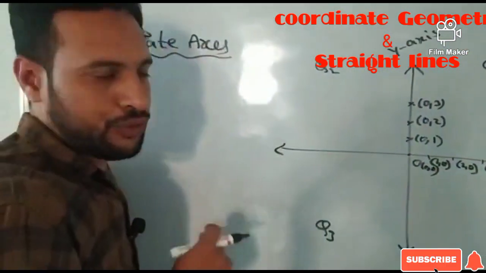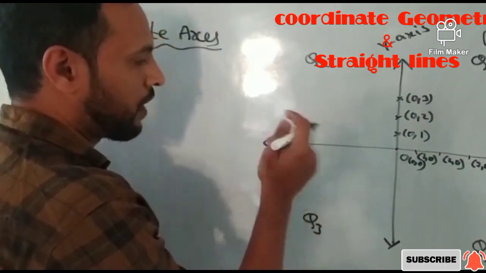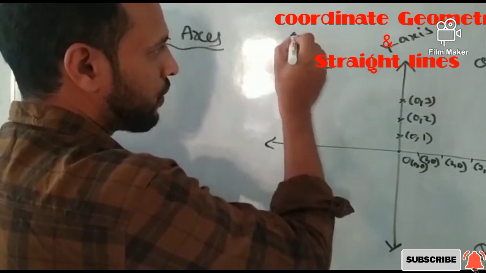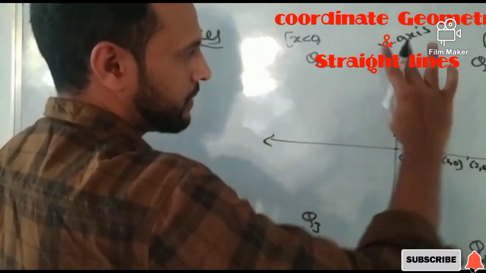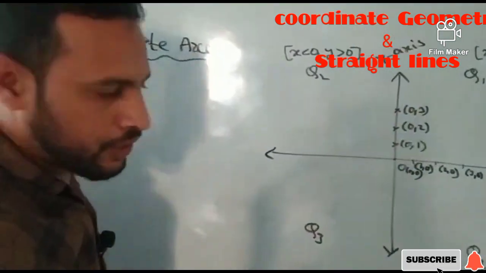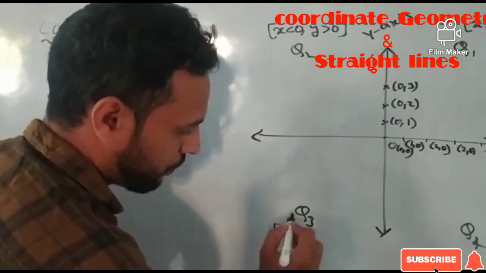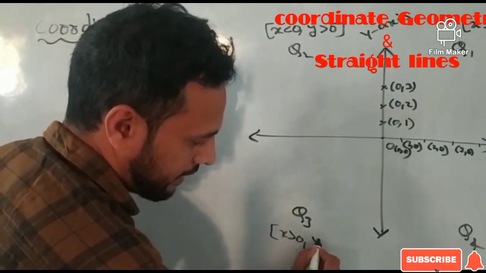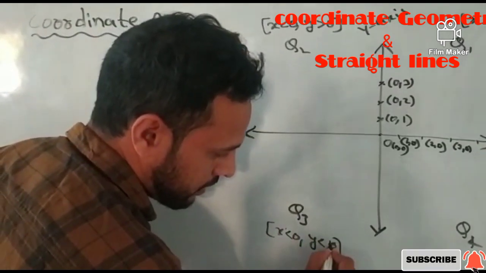The properties of Q2. Here you can clearly see this is the negative x-axis. So the properties of Q2 are x less than 0 and the y values remain the same, that is y greater than 0. The properties of Q3 are, here x negative as well as y negative, therefore x less than 0 and y less than 0.